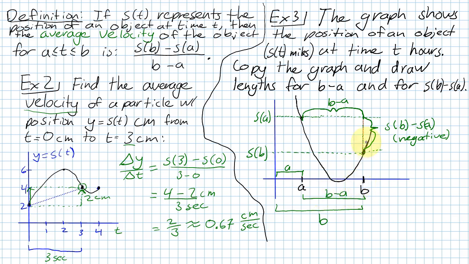So that's b minus a here, and that's the same as if it's up here. And likewise, s of b minus s of a will be negative because s of a will be greater, but still the distance between these y coordinates here will tell you how big that distance is.